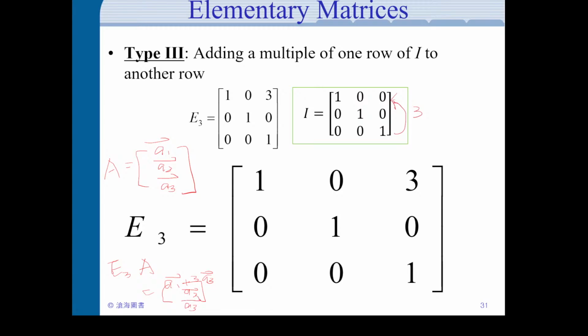Okay, so that's what the elementary matrix will do. You multiply on the left, you will do the corresponding elementary row operation. So you see that we can do Gaussian elimination by just multiplying elementary matrices to turn A into the reduced row echelon form.